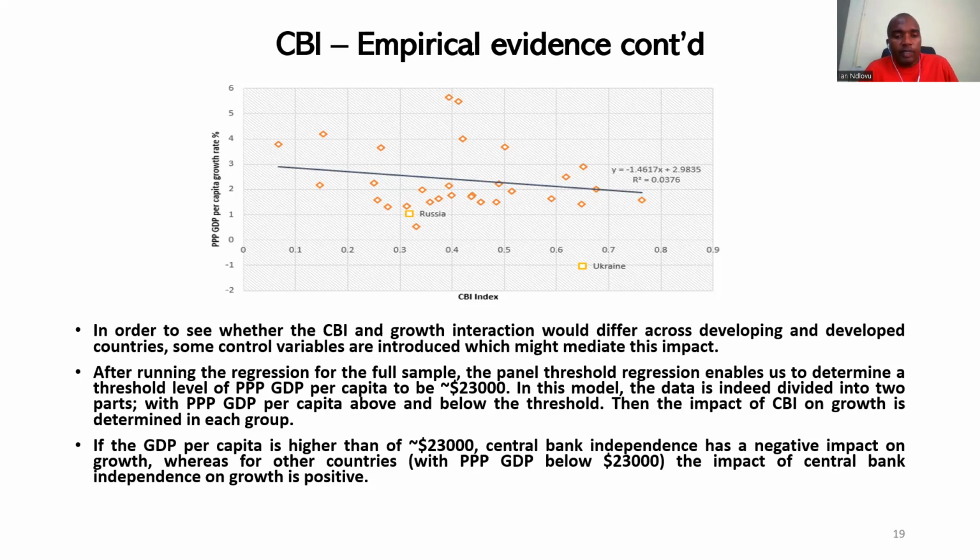If the GDP per capita is higher than 23,000, central bank independence has a negative impact on growth. Whereas for other countries with PPP GDP per capita below 23,000, the impact of central bank independence on growth is positive.